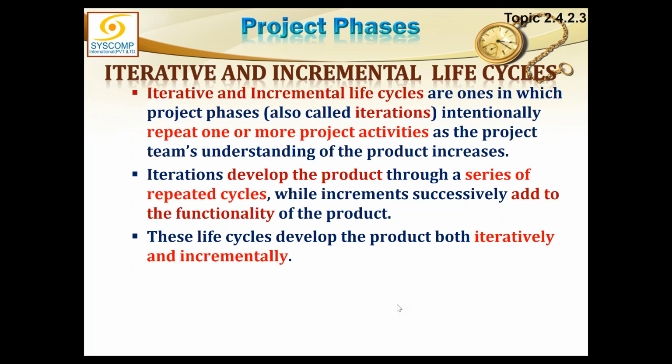Then are the iterative and incremental life cycles. These are ones in which project phases are called iterations, just as I said in case of Agile. So here each phase is called an iteration, and iteration means that we will have to stop at the end of this iteration and review what we have done and think if we can proceed ahead or not, because we don't know what is the next phase.